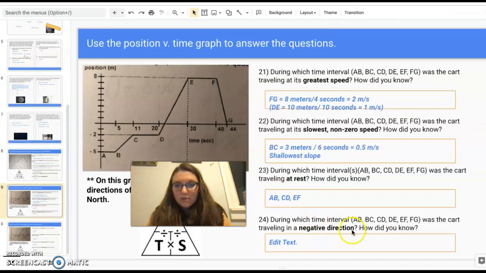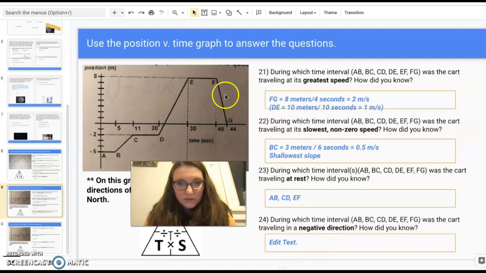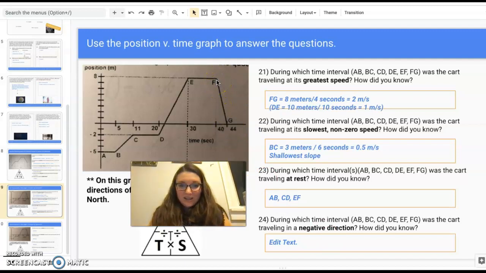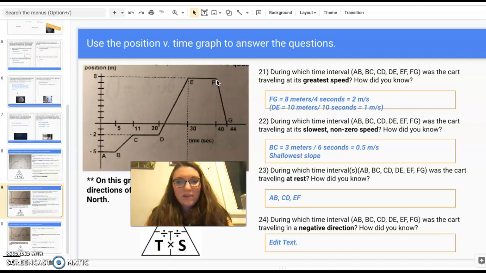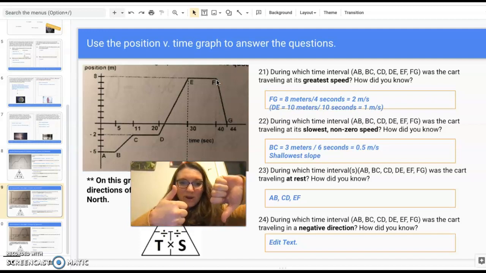So during which time interval was the cart traveling in a negative direction? And how did you know? So traveling in a negative direction between F and G, because a negative direction means a negative slope, which is kind of like an inverse relationship, meaning that as time is going up, their distance from the start is going down.